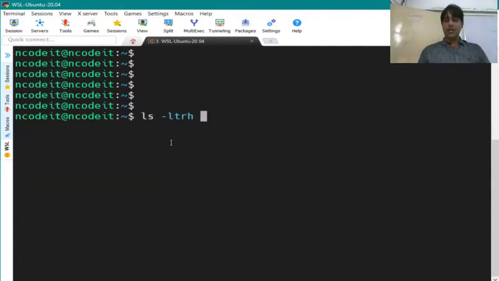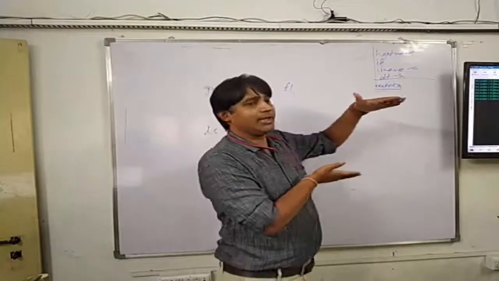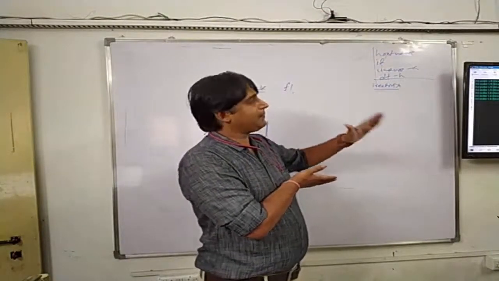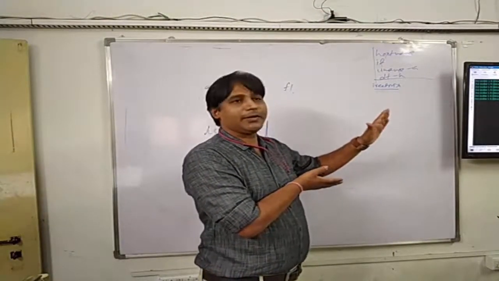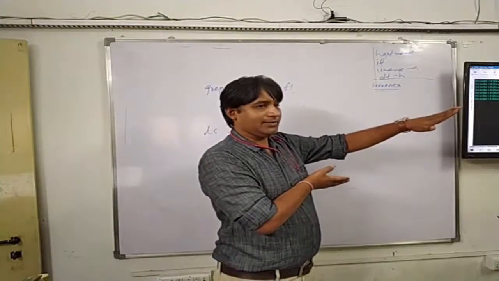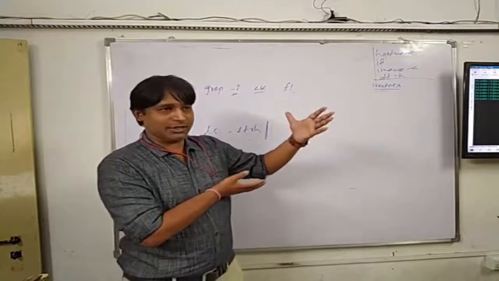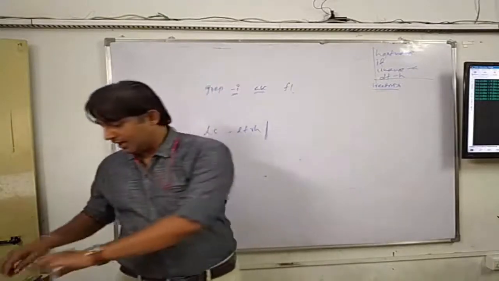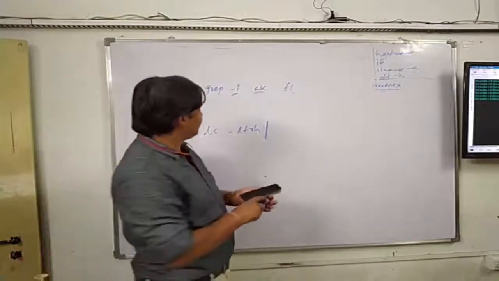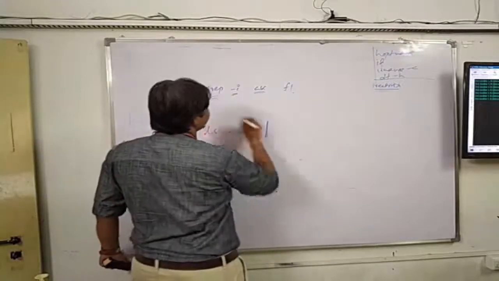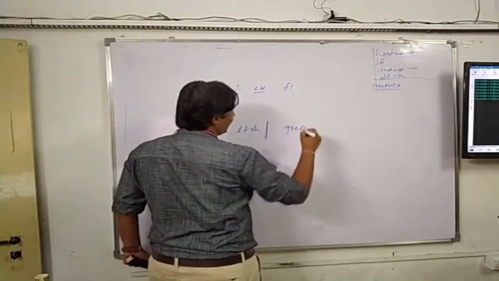ls -ltrh pipe. So what I'm doing using this pipe is, instead of displaying everything onto the screen, I'm sending the output of that command to the next command. If the next command can take this input and process it, it will be able to do it. In this case, I'm sending it to the grep command. What does grep normally do?